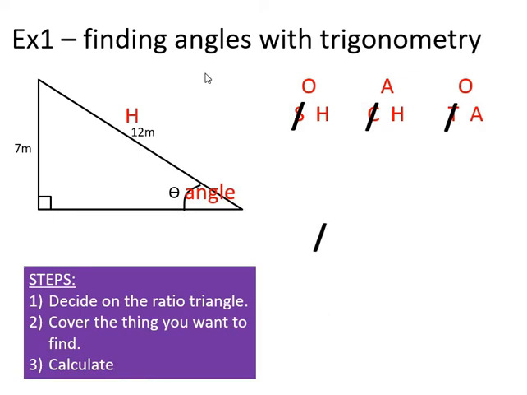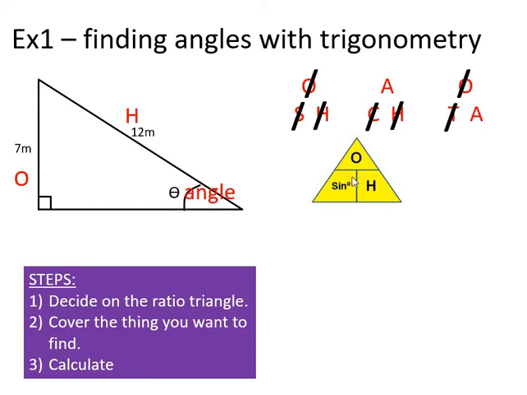So I'm going to tick off H in my SOHCAHTOA triangles. And then I've also been given this length over here, which is opposite the angle, so I've been given the opposite. So I'm going to tick off the O's. Great, so now I can see that I'm going to use the sine ratio, because it's got all 3 ticked off.